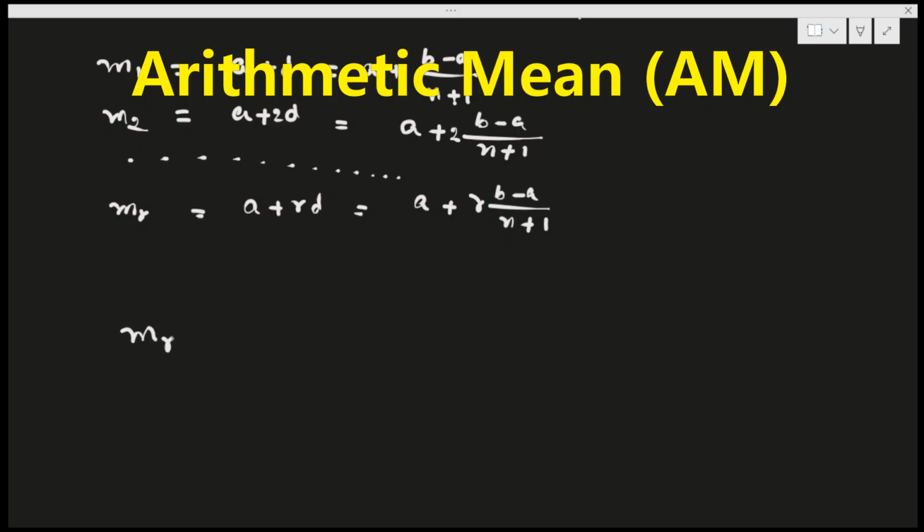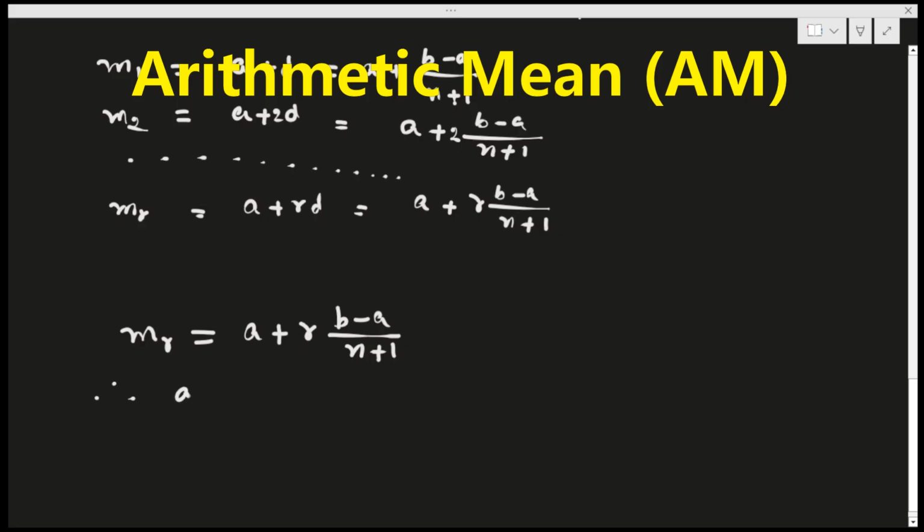As a general formula, the rth mean Mr is equal to A plus r(B minus A) by (n plus 1).